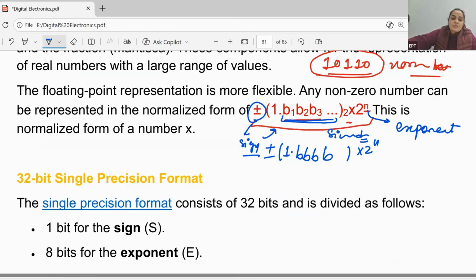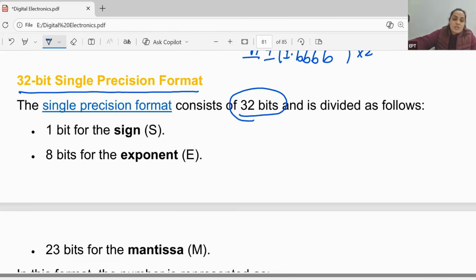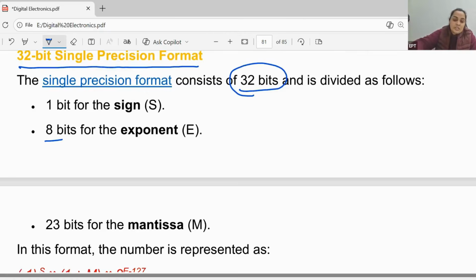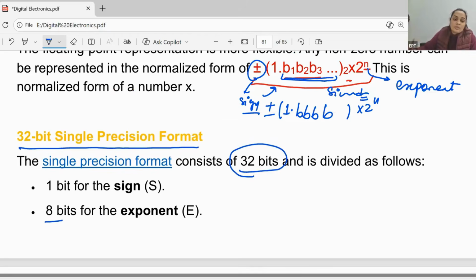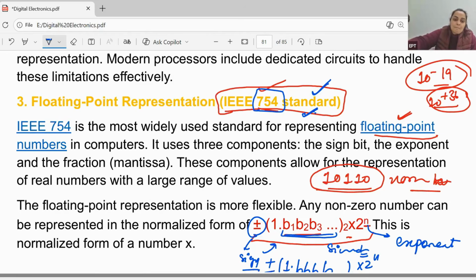We have two types of formats: 32-bit single precision and 64-bit double precision. Here I will use 32 bits to represent this normalized binary data. 8 bits for the exponent, 23 bits for the mantissa. Mantissa is nothing but the significand.